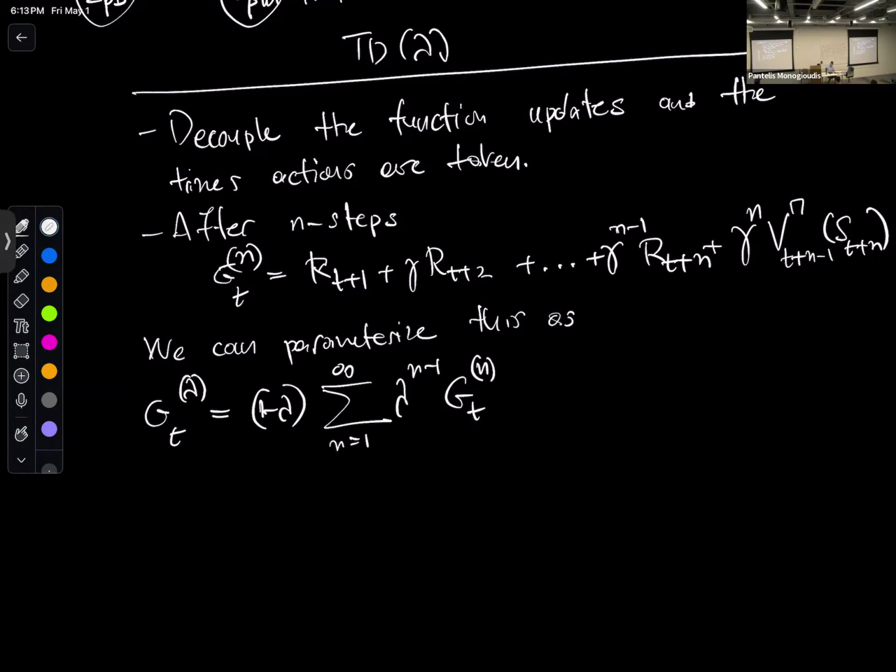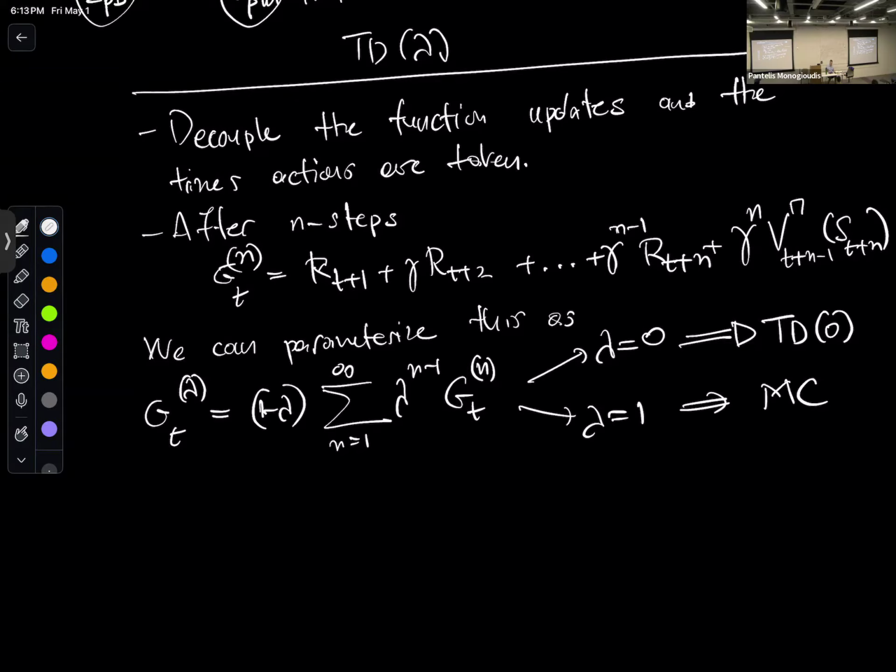And I hope you recognize when lambda is equal to 0, we are effectively obtaining TD of 0. When lambda is equal to 1, we are going to obtain the Monte Carlo update.